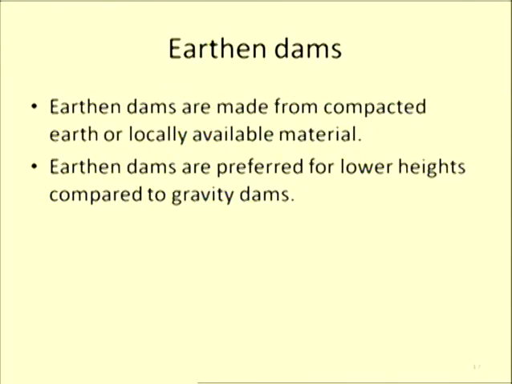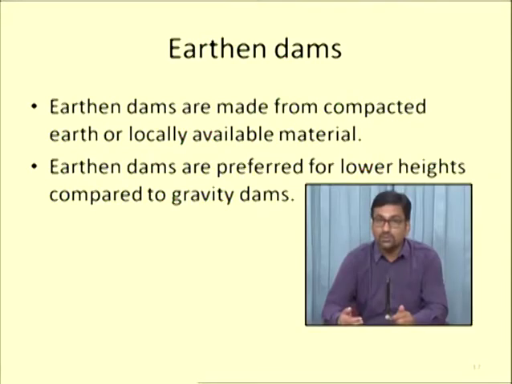Let's discuss the second type of dams, the earthen dams. Earthen dams are made from compacted earth or locally available material. Earlier we saw that the gravity dam is mostly constructed of concrete, or sometimes bricks or stones, and the gravity force acting on it is the measure.